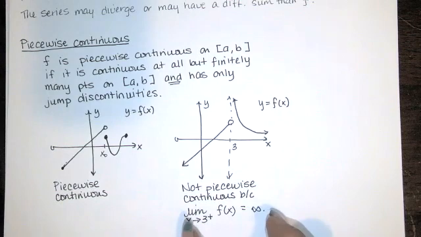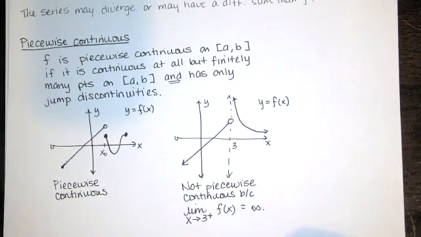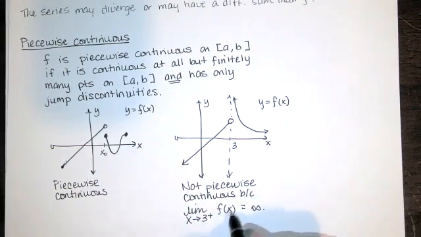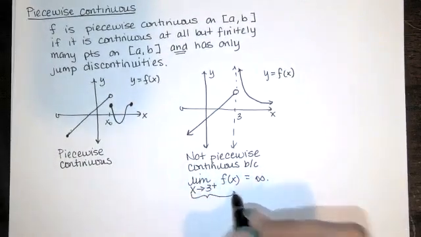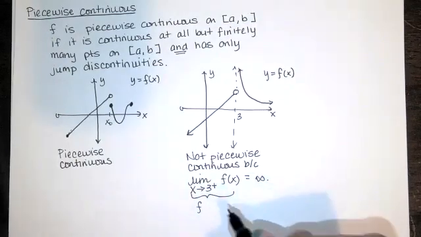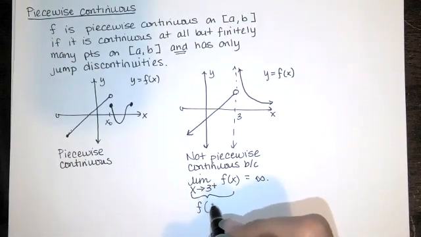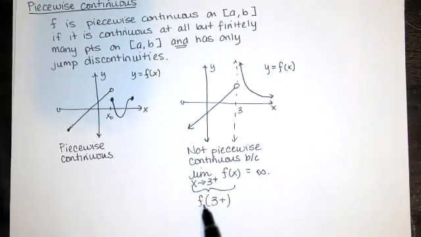Now, Dr. Constanda in his book uses a slightly different notation for this. Rather than writing this every time, he uses this notation. Referring to this limit as x approaches 3 from the right, he would write it this way, f of 3 plus. This refers to the limit as x approaches 3 from the right.